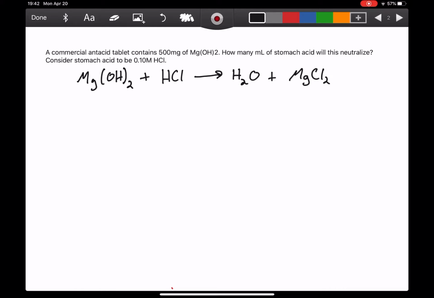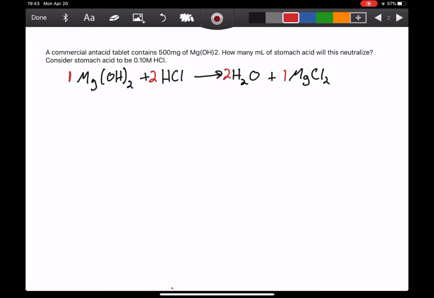Now, in order to balance this chemical equation, it's real simple. For every one magnesium hydroxide, we're going to neutralize two acids, and that's going to give us two waters and one magnesium chloride. And we can see that we have the same number of each element in atoms on each side of the reaction arrow.